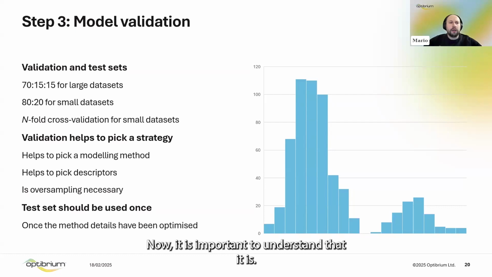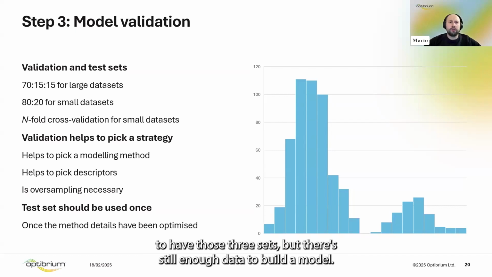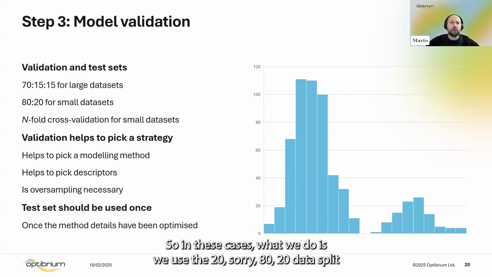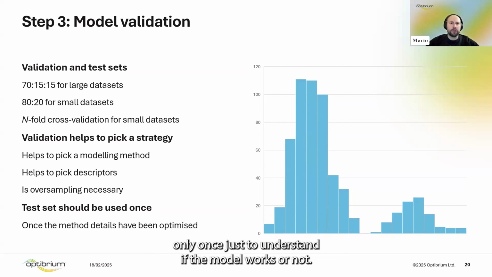Now, it is important to understand that you can't always divide the data into 3 sets. From time to time you don't have a large enough data set to have those 3 sets, but there's still enough data to build a model. In these cases, we use the 80-20 data split: 80% is for training, 20% is for testing. And yet again, we test this model on the test set only once, just to understand if the model works or not.